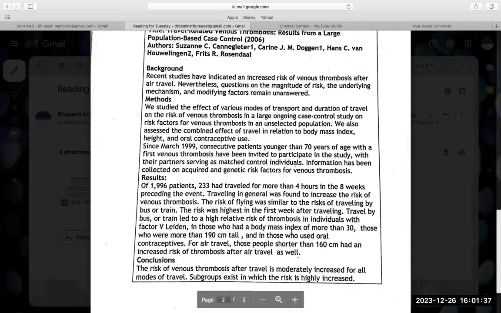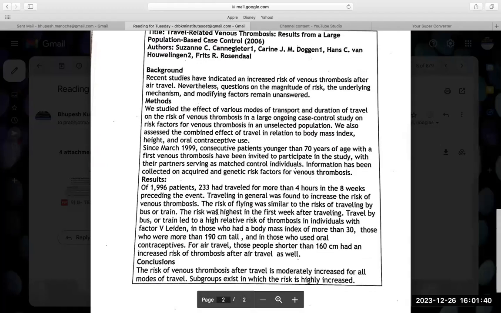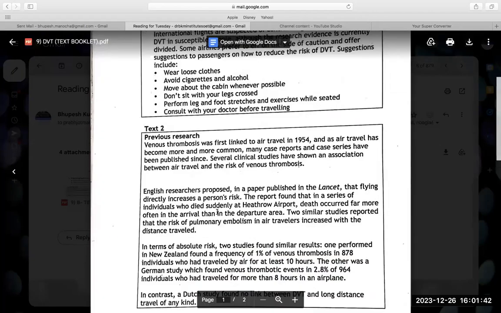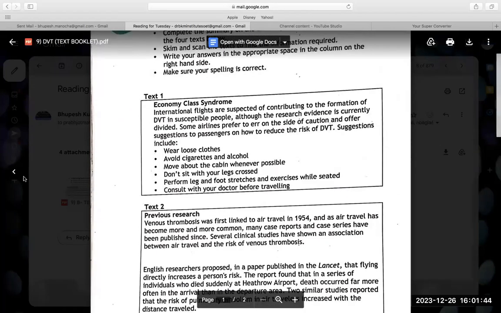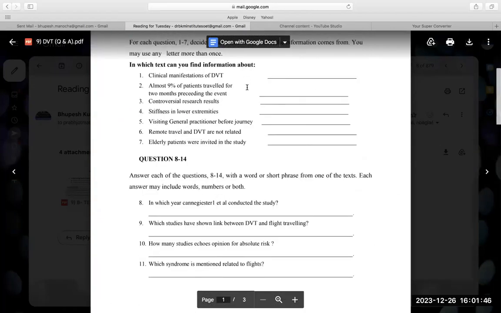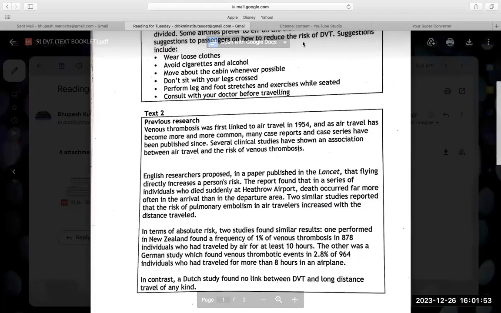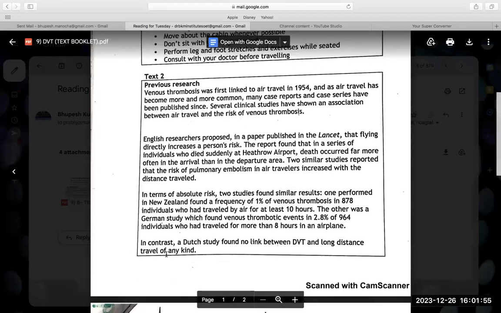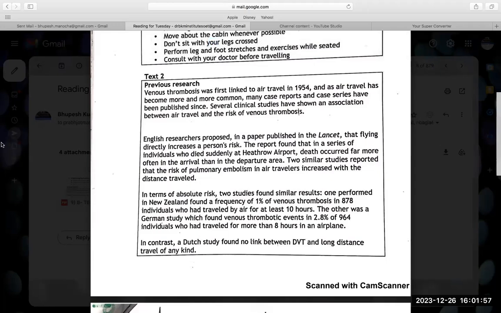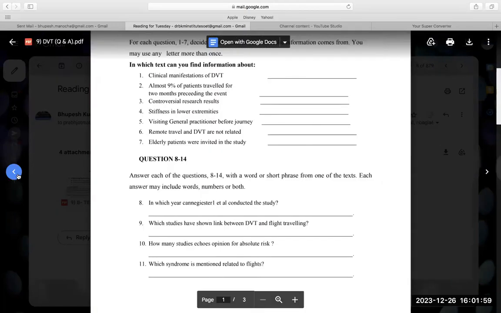Any percentage over here? No, I cannot find any percentage. So I would like to do this as B. So C, B. Controversial research. Controversial means opposite research, and they have used the words in contrast. So I would again like to do B.